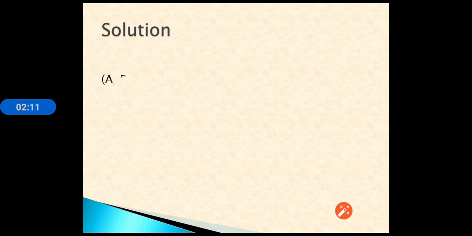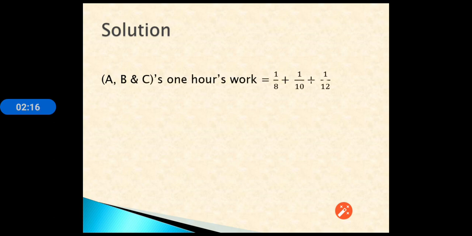In the solution, A, B and C's 1 hour work is represented by 1 by 8 plus 1 by 10 plus 1 by 12, which gives you a numerical value of 37 upon 120.